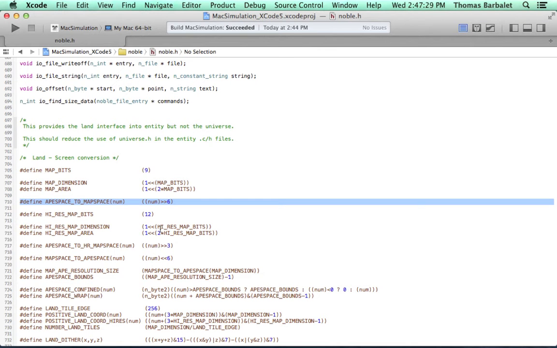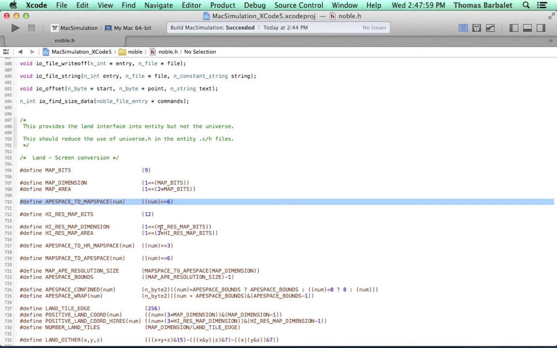But what's interesting here is that there's a midpoint as well. So you've got the map space, which in this case is 512 by 512, and then an interpolated space, which is 4096 by 4096, which is probably better actually for calculating the simulation.